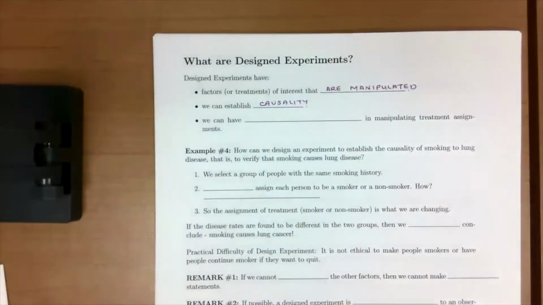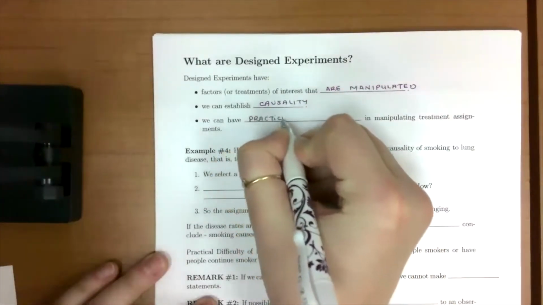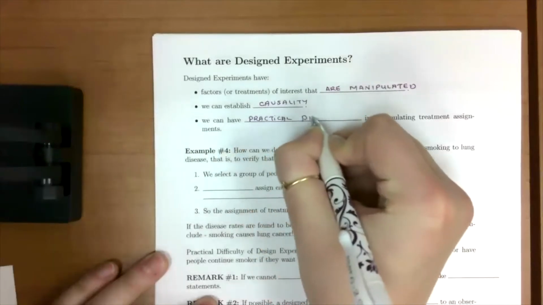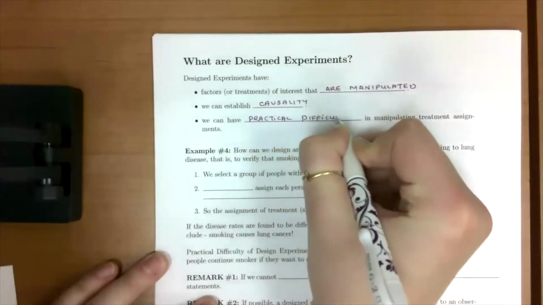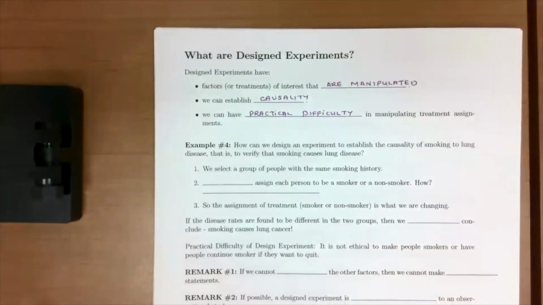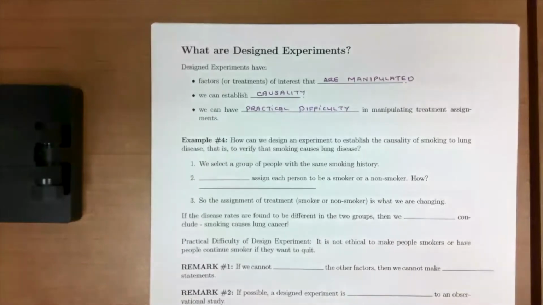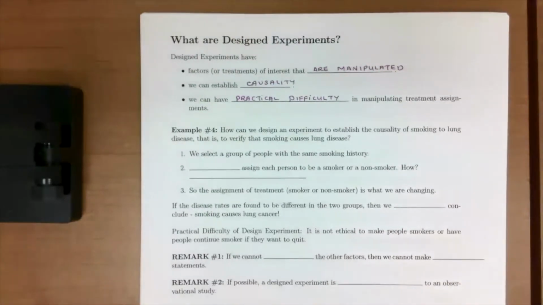But there is one hard part: there are practical difficulties often associated with designed experiments. For instance, example 4: how can we design an experiment to establish causality of smoking to lung cancer?